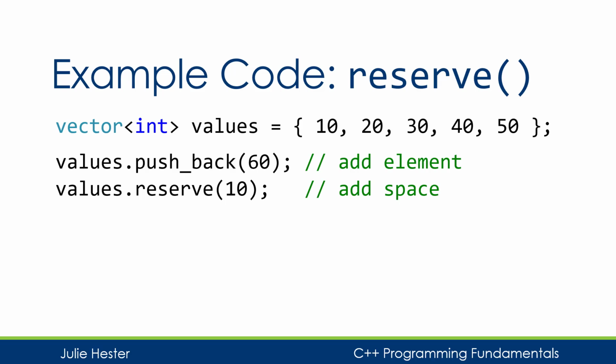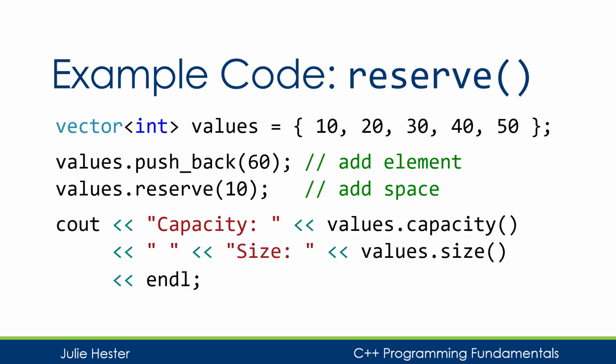Or I could use the reserve function. When I use the reserve function, I'm adding space to the array, I'm creating enough memory to hold an array here for 10 elements. I'm not actually creating 10 elements, I'm just adding enough memory to where I have the array so that I can store 10 elements.